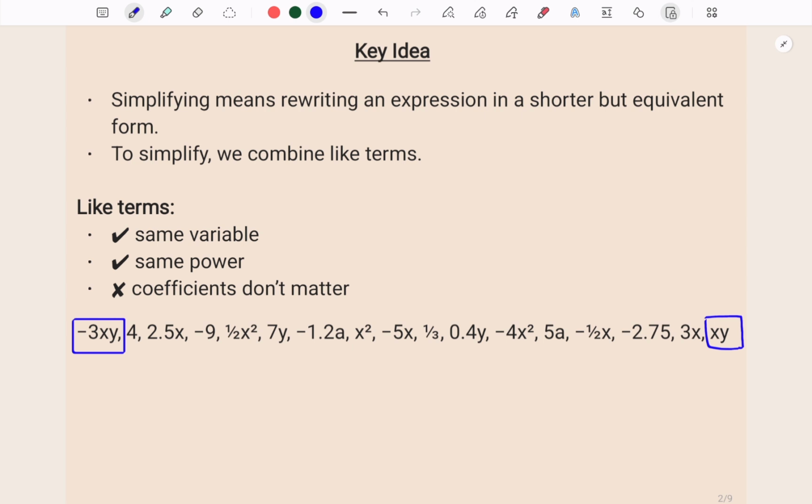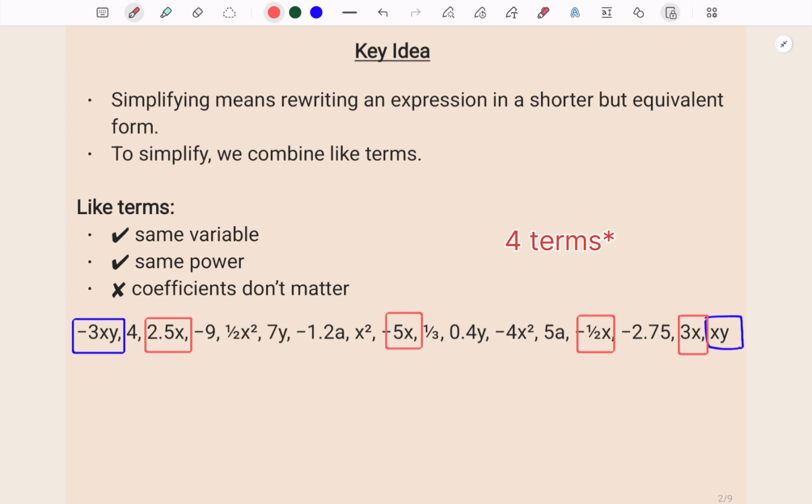In the same way, here we have 2.5x. Now, if we scan the list again, we can find that we have minus 5x and minus half x and 3x. All these three terms have the variable x raised to the power 1.